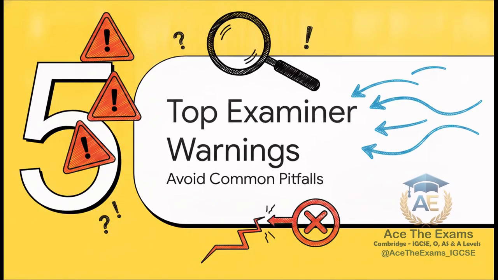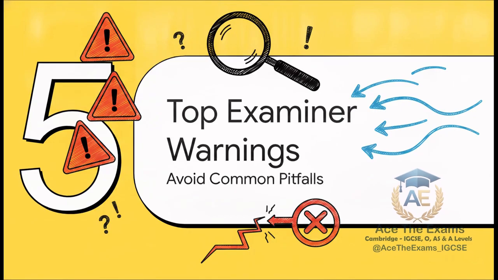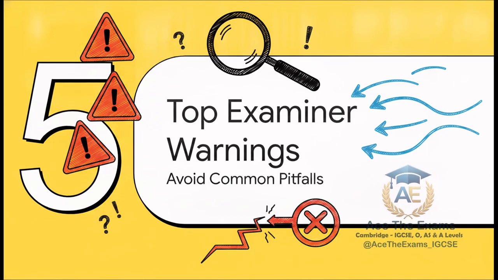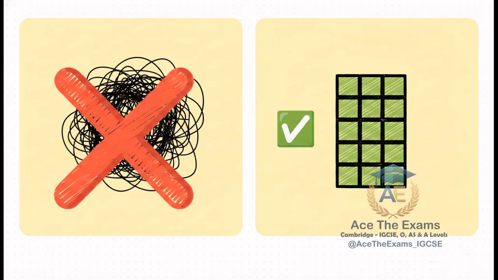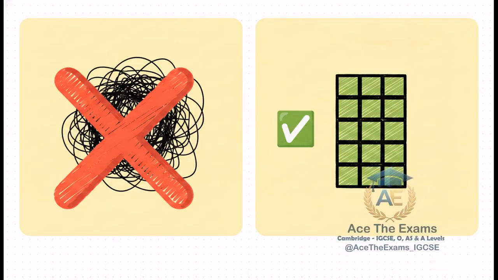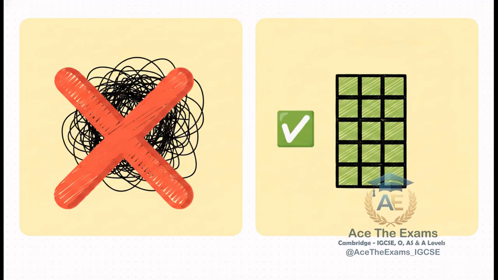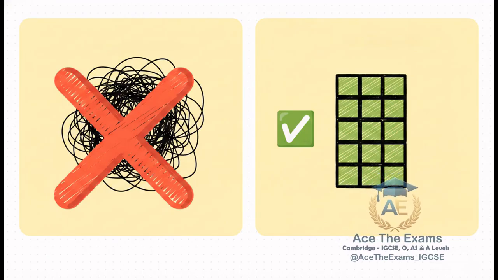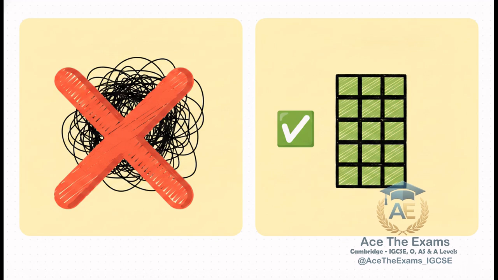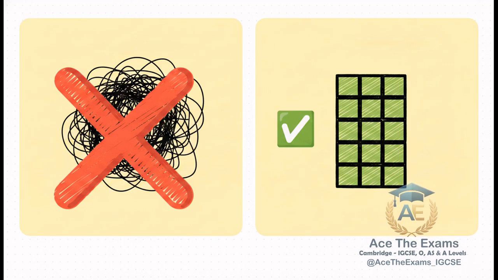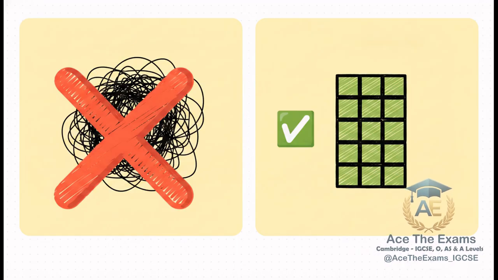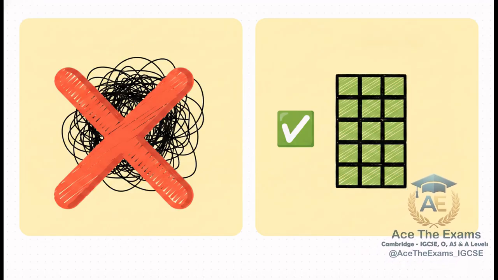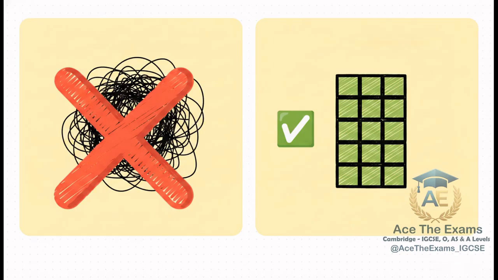Finally, let's look at Section 5, Top Examiner Warnings. This is the stuff that trips everyone up. Consider this an insider leak straight from the principal examiner reports. There is a massive glowing disconnect between what candidates do and what examiners actually expect. Look at the typical student. They give vague answers, they completely forget formatting, and they ignore the context. It's the classic Alex and Sam scenario all over again, either rushing and missing the point or dumping irrelevant facts.